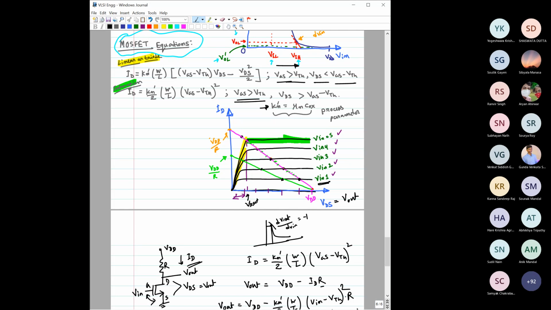Now, I think I have not mentioned one more small thing, but you know this part, so let me write it as well. Here you see this ID, right? This is Kn dash into W by L, and Kn dash into W by L is nothing but Kn, right? So it is basically Kn by 2 into VGS minus VTH squared. Similarly, you can also write this part as Kn.